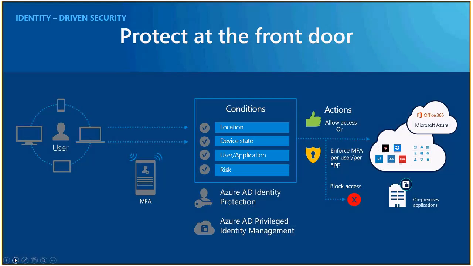Okay. So when we start to talk about the idea of building up these layers of protection, the first example I like to start with is just protecting that front door, right? So this is users that are trying to connect, maliciously or unmaliciously, just everyday people that are connecting to your organization, right?